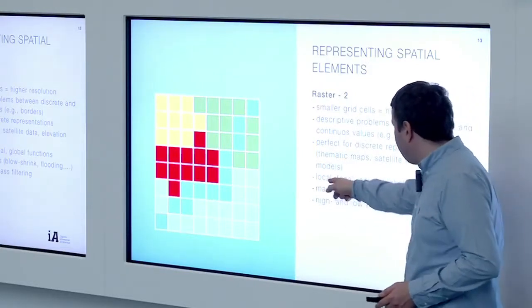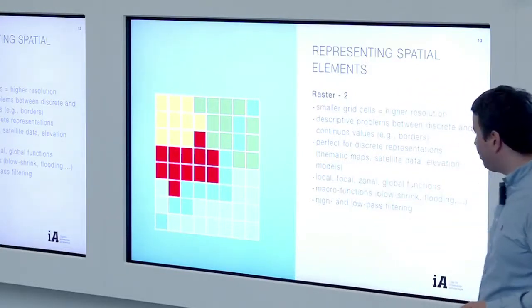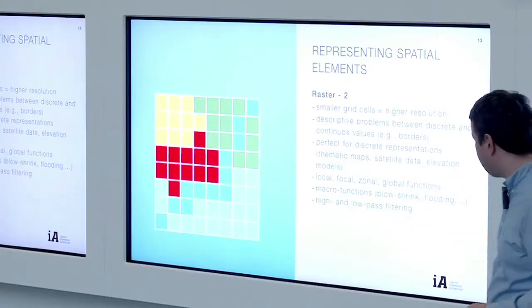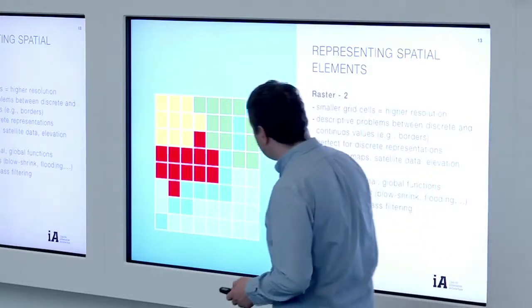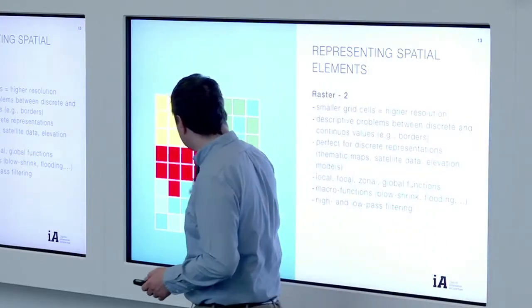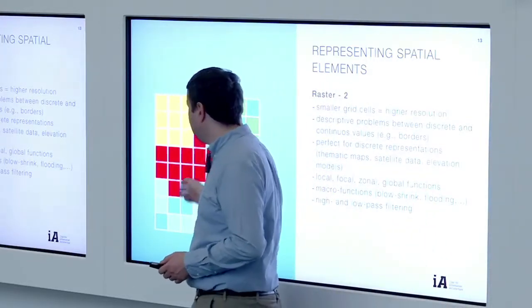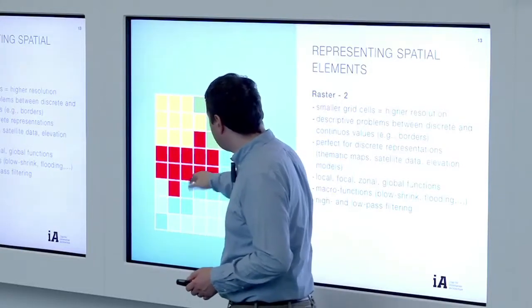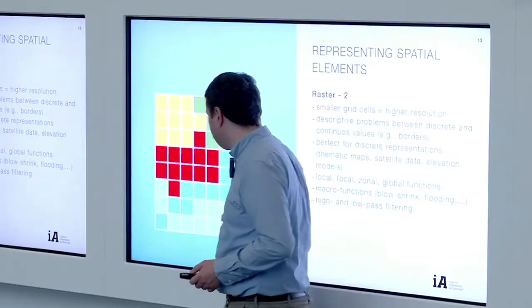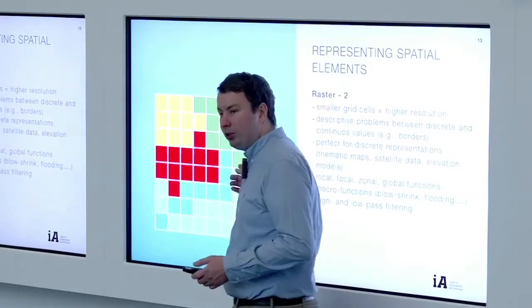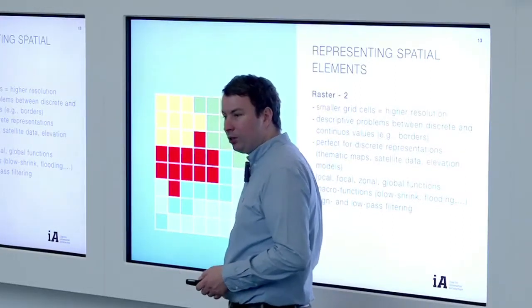You can run local, focal, zonal, and global functions for queries on that point. And you can very easily find out how to transform certain areas that you have and run an algorithm on it, for instance, to flood. If this was a water area, and you have certain thresholds for the green values, you can try to flood it.